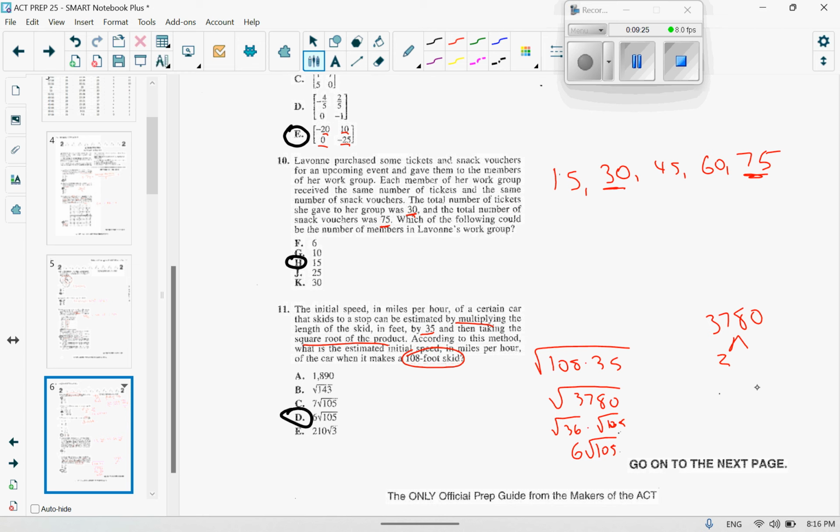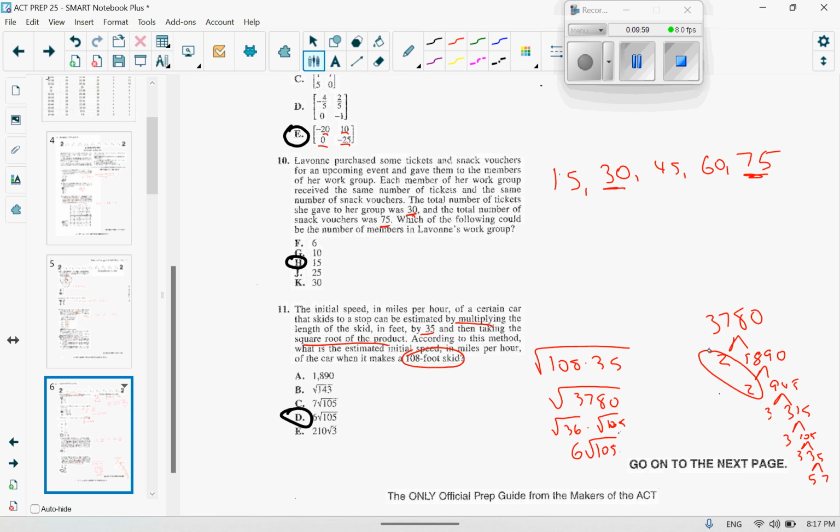So for example, if I were to break 3,780 divided by 2, that would be 1890, which then I could break down by 2 to give me 945, which I can break down by 3 to give me 315, which I can break down by 3 to give me 105, which I could break down by 3 to give me 35, and that's 5 and 7.